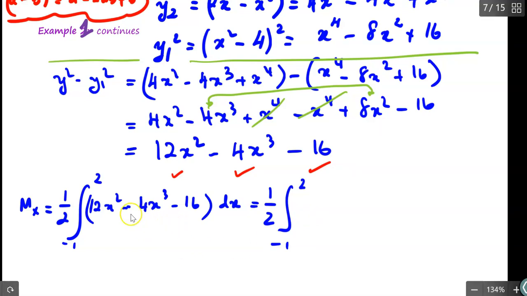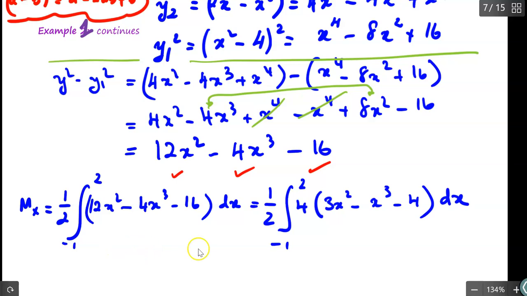You can see that now you have 12, 4, and 16. Why don't we factor out the 4? Inside I should have 3x squared minus x to the exponent 3 minus 4 dx.